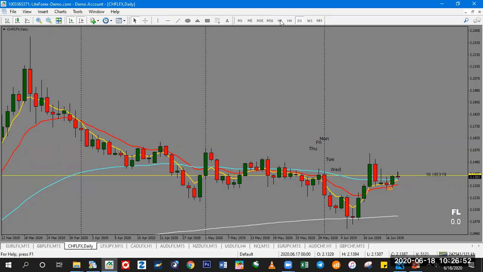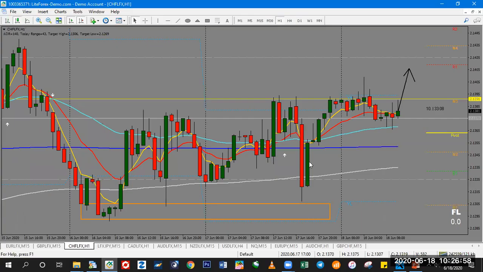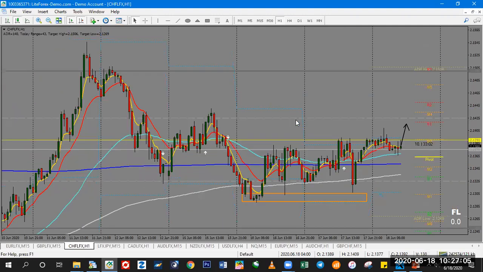And on the hour one now, it's around the 200 EMA. The 800 is here, but I do not fear. So my anticipation is for it to go long, to continue up. And even the COT, the number of orders for going long was increased from last week's COT report. So let us watch the news.